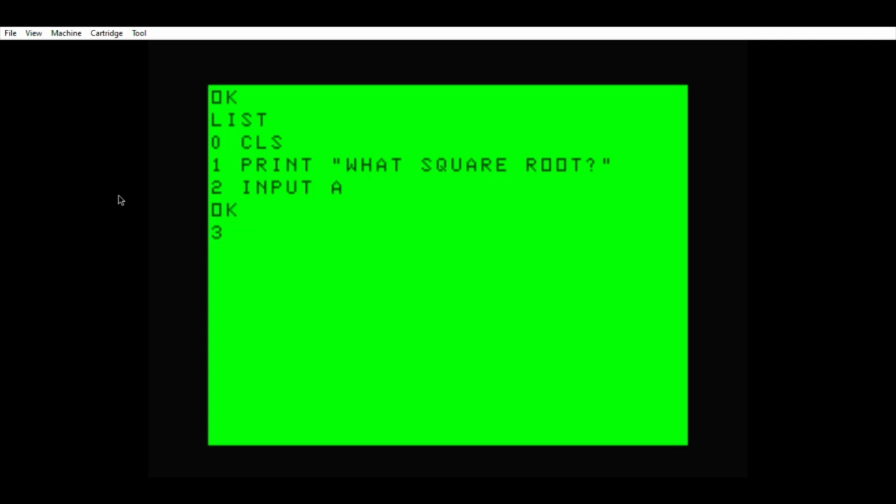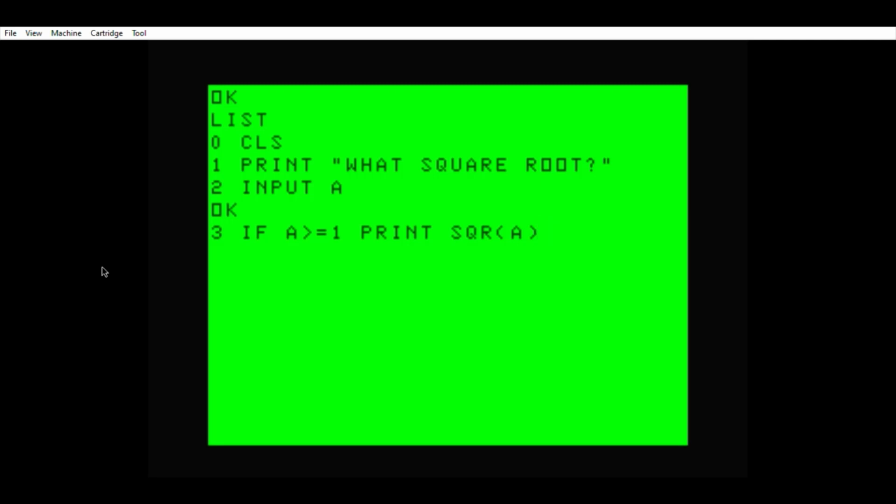Okay, we're going to start off with if A, the variable, is greater than or equal to 1. So if our number is greater than or equal to 1, we are going to print the square root of that particular variable.